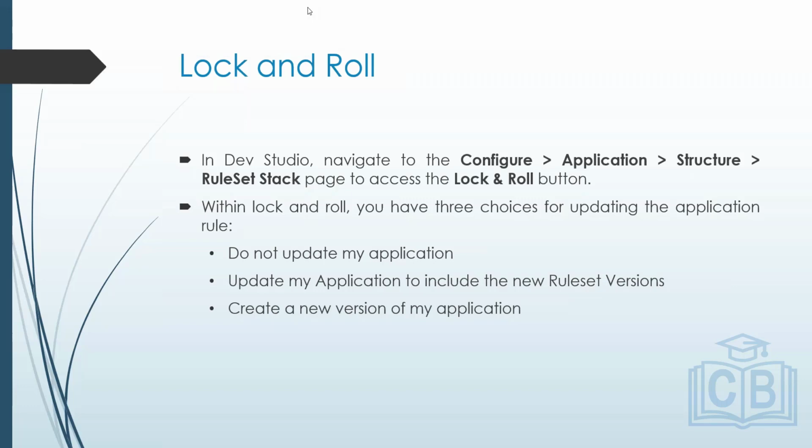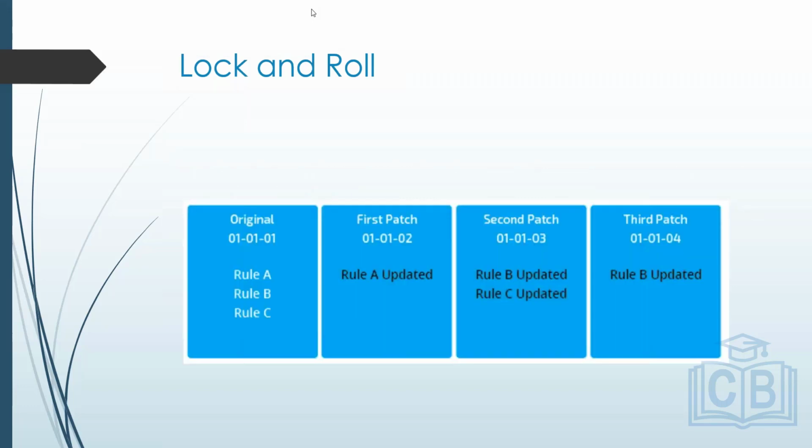Let me show this here. In this simple scenario, the base version 01-01-01 has three rules: Rule A, Rule B, and Rule C. The next version, 01-01-02, only has Rule A updated, whereas Rule B and Rule C are still part of 01-01-01.